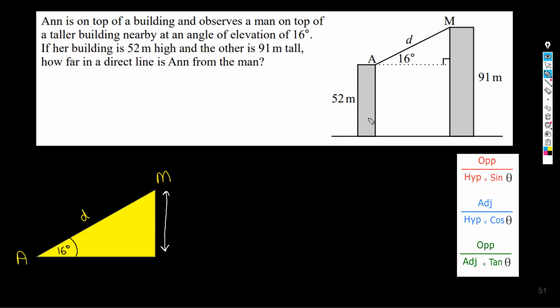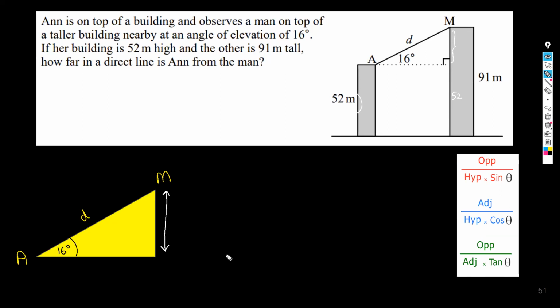If here is 52 and this one is 91, couldn't you all figure out this missing distance? Because if here is 52, won't here also be 52, the opposite sides of a rectangle? So if the whole thing is 91, and you know here is 52, couldn't you reason out this distance here?